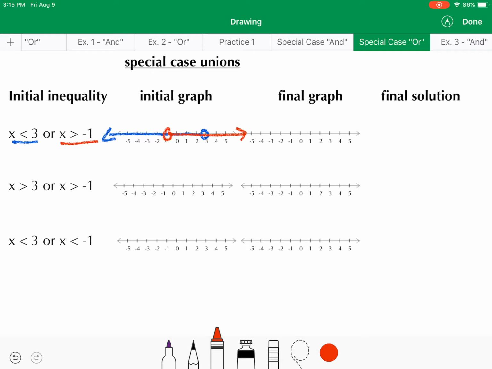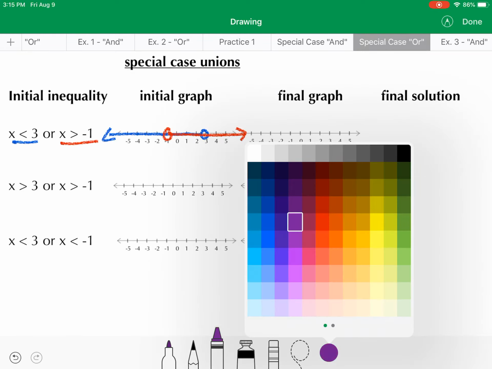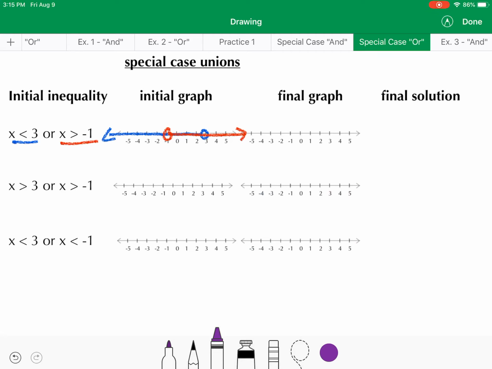You want all of the numbers that make one, if not both, of the inequalities true. So we're treating the blue and the red curves, and we want to find the union of those two. Together, notice that they are covering the entire number line. So I can say that my final solution is actually all real numbers.